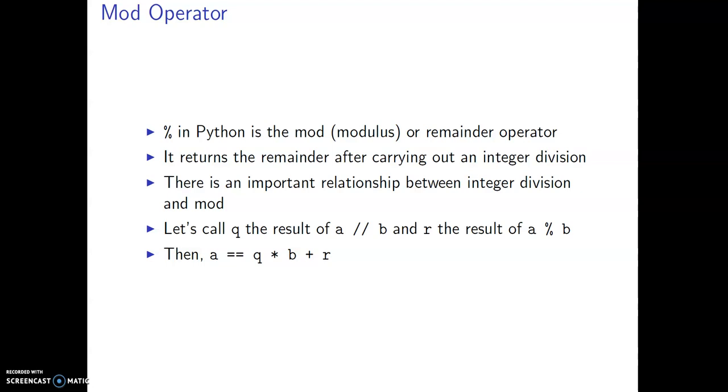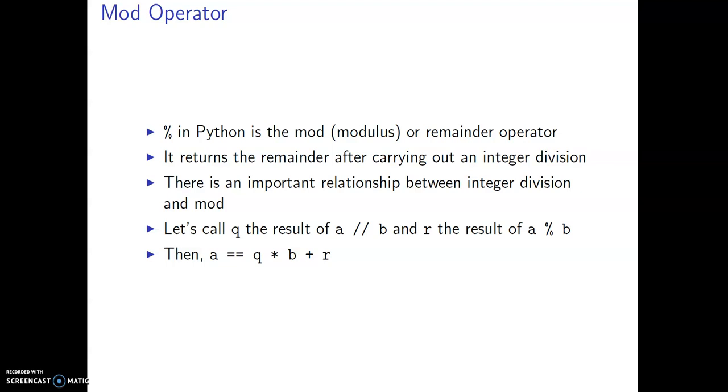Okay, so in Python, the percentage sign is the modulus operator. It's sometimes called the remainder operator. It's going to return that remainder after carrying out division. There's an important relationship between, of course, integer division and modulus. This is a review.